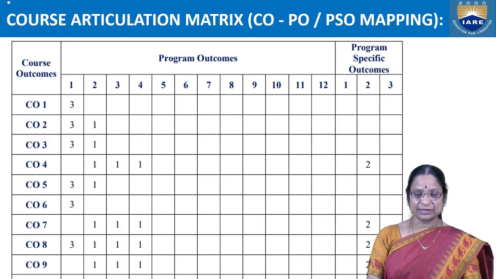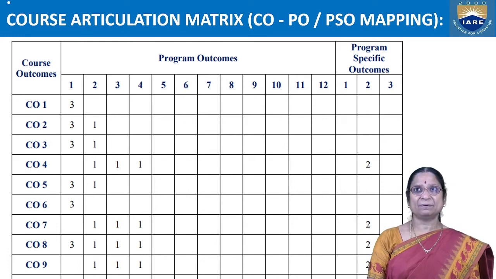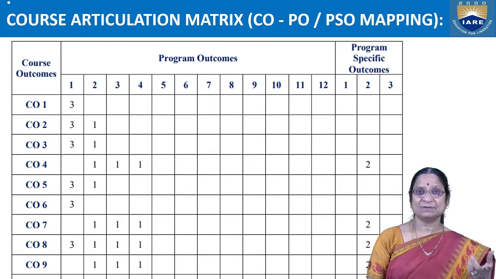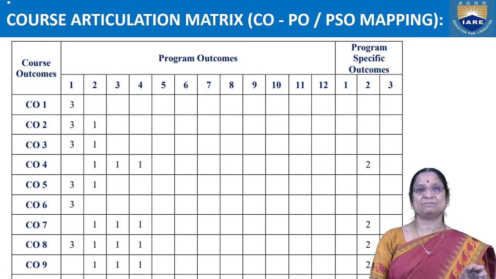So like that we found the articulation matrix, and based upon this mapping, the assessment is going to be carried out. So if CO1 is assessed, based upon the CO1 assessment, some ratio of assessing the respective PO can be easily considered by us.